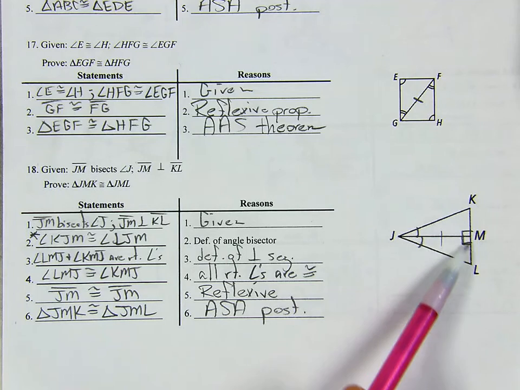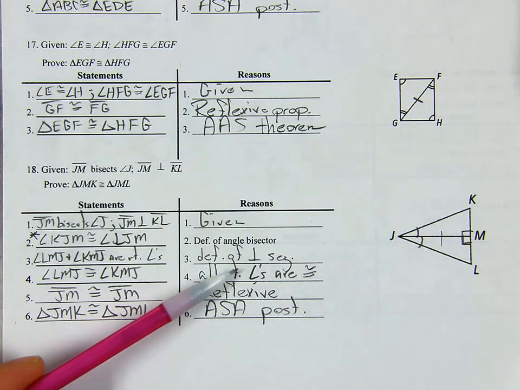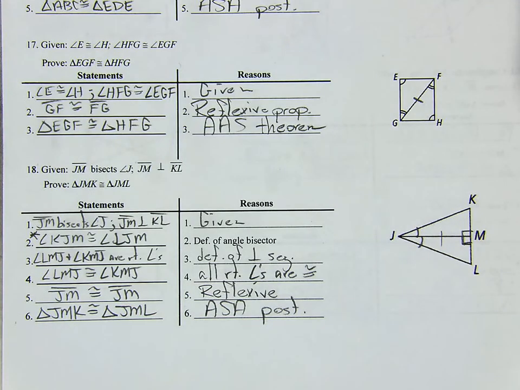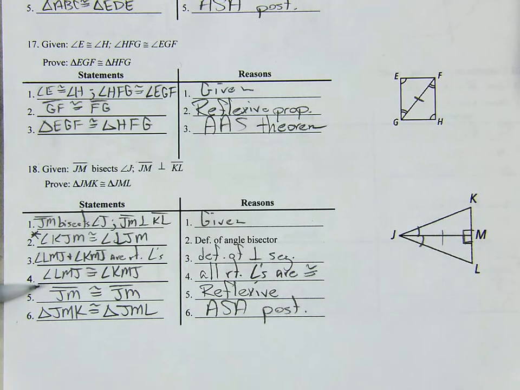These 2 angles are right angles. Okay? That's definition of perpendicular segments or definition of perpendicular lines, either way you want to write it. Now, if they're right angles, those same angles are congruent. They're congruent because all right angles have the same measure, 90, so all right angles are congruent.